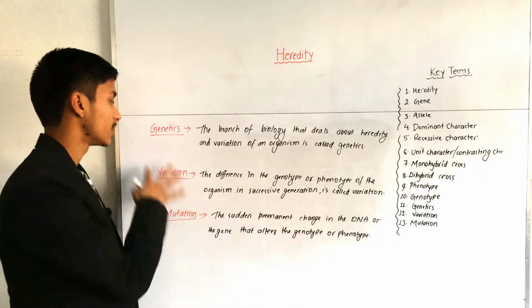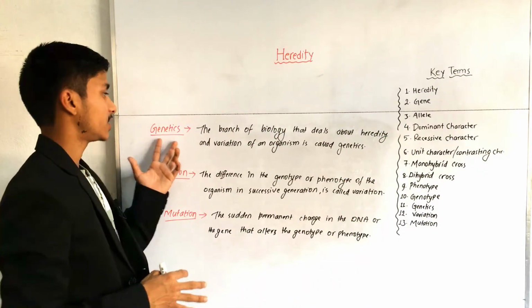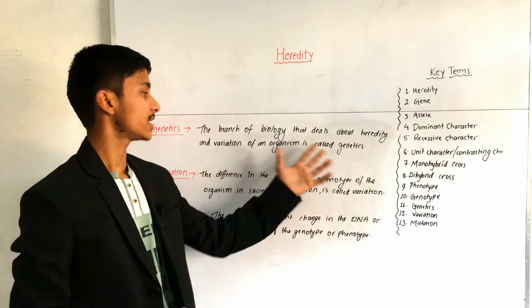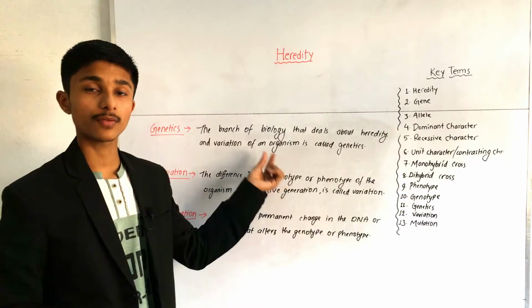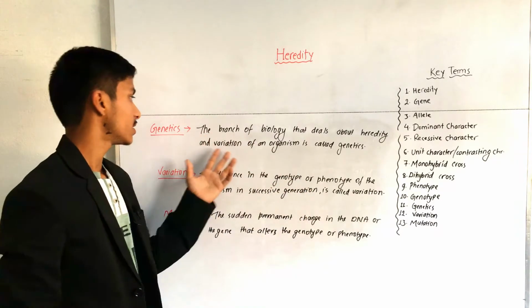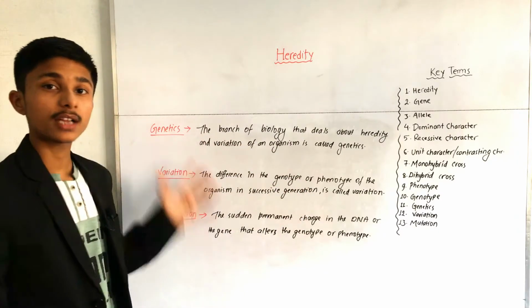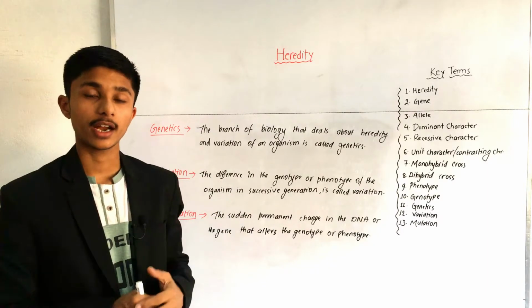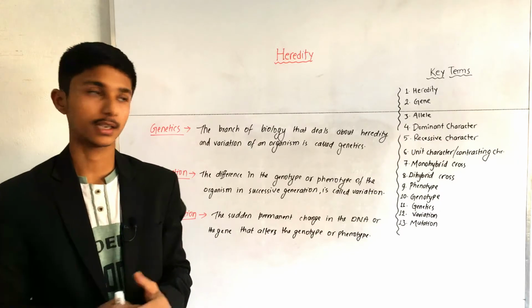Now we discuss all these topics. The definition of genetics is the branch of biology that deals with heredity and variation of an organism.